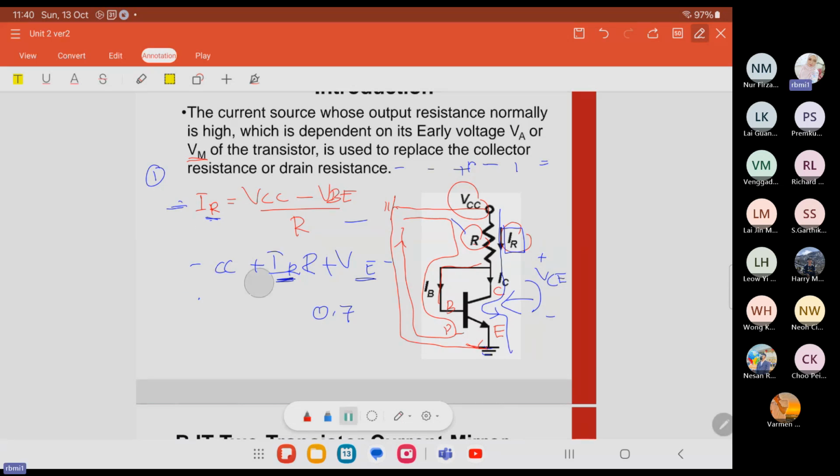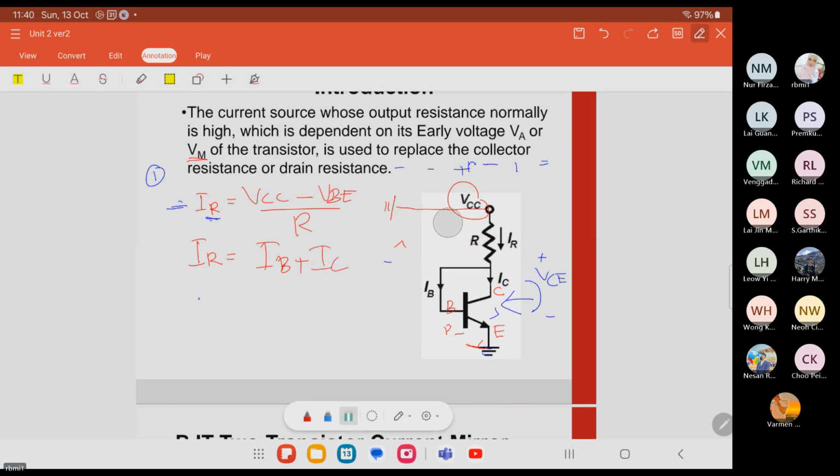So now we have the equation for IR here over R. And then we can say that IR is equal to IB plus IC, because over here we have IC and IB.